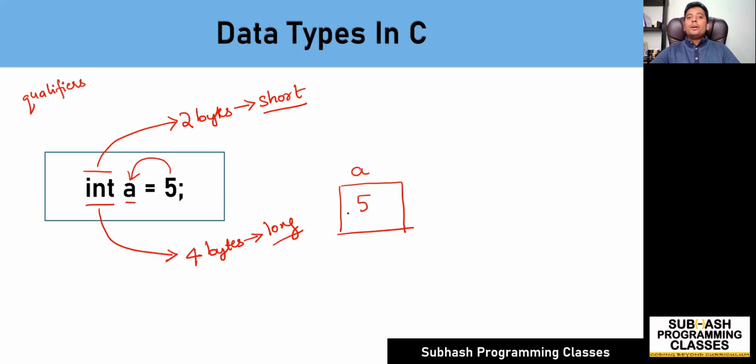Now, whether int should allocate 2 bytes or 4 bytes depends on short and long, and whether to consider int as a short integer or a long integer is decided by your compiler. It means whether an integer is a short integer or a long integer is totally dependent on the kind of compiler that you are actually using.